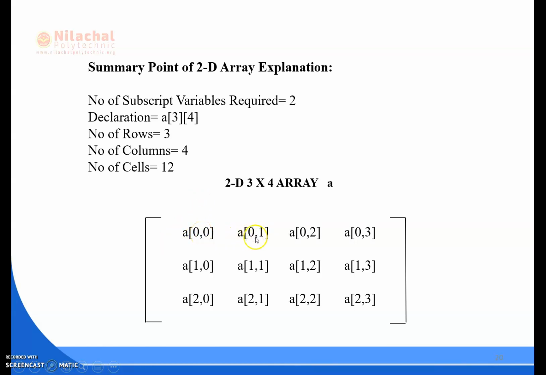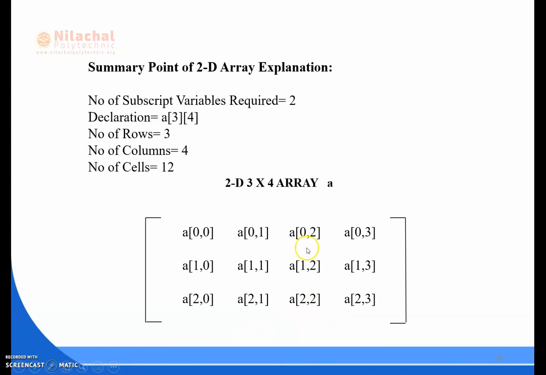Similarly, the next cell represents the zeroth row and first column. Next, the zeroth row with second column, and then the zeroth row with third column. Similarly, each and every cell has been represented with its position.